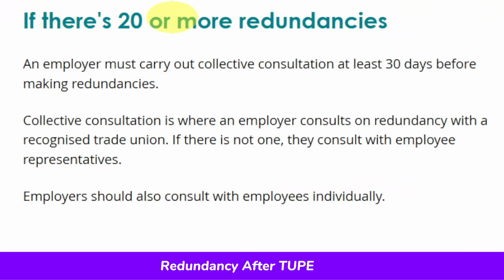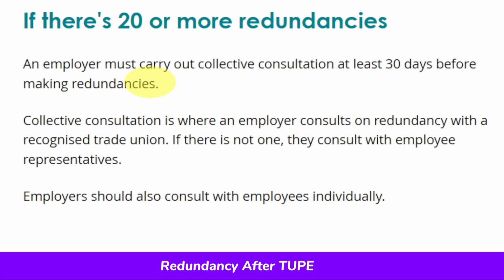If there are 20 or more redundancies, an employer must carry out collective consultation at least 30 days before making redundancies. For example, recently Debenhams, organizations like these, decided to shut down their business.